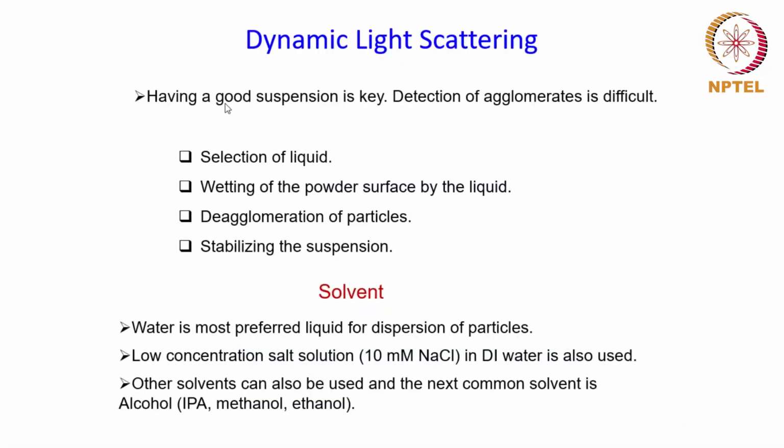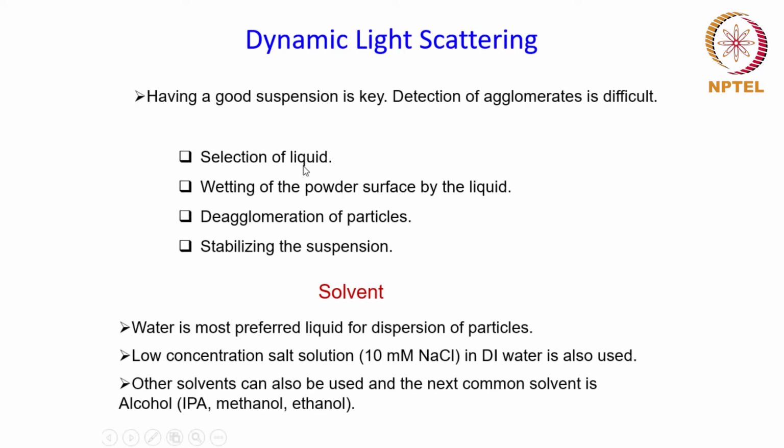So having said that, one thing I must mention over here is that having a good suspension is key to the success of this technique, because if the particles are not uniformly dispersed in a liquid and if they agglomerate, then obviously the particle size data which is received is not a true representative of the actual particle size, and also detection of agglomerate is difficult by this technique, and therefore it is essential that a good suspension is made before the measurement is carried out.